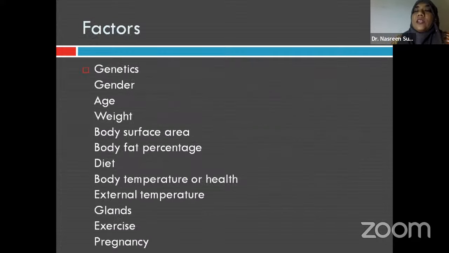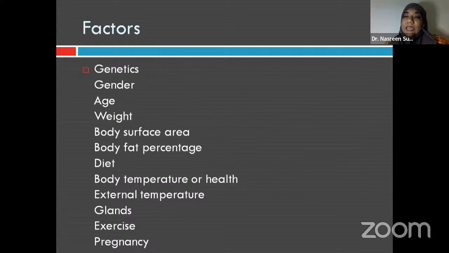And what are the different factors which affect this basal metabolic rate? First and foremost is genetics, right? When our parents have high BMR, usually we too will have high BMR. Next is gender. Definitely women tend to have low BMR when compared to men. That is because of the excess of fat in women.